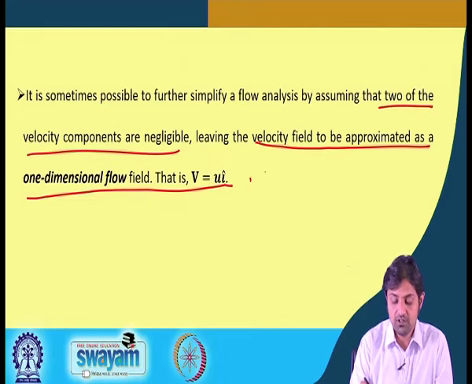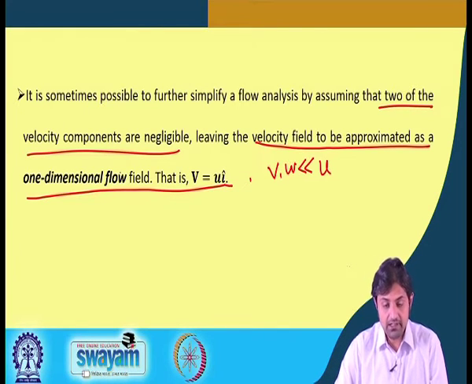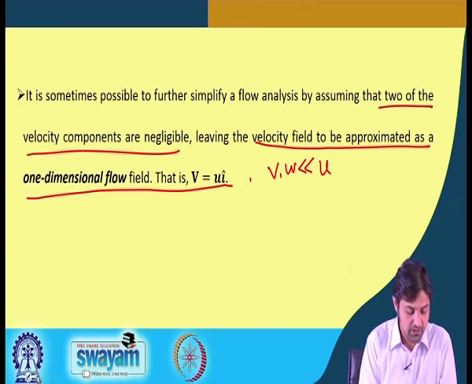This means that v and w are very, very small compared to u. So, this is one-dimensional flow. In reality, such flows can exist, but they have to be very properly experimentally controlled. But in general, as I said, the velocity is three-dimensional in nature.